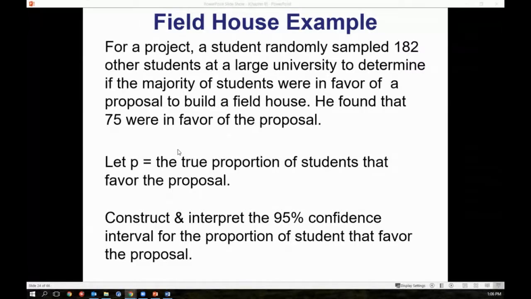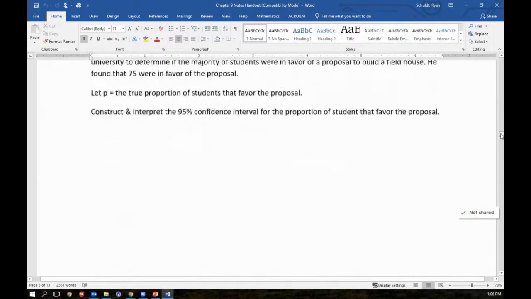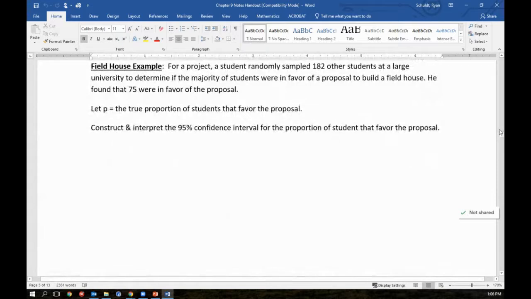I still haven't got my PowerPoint to work correctly, so let me switch over to Word. I'll work this with y'all. Okay, so let's first get our p hat.